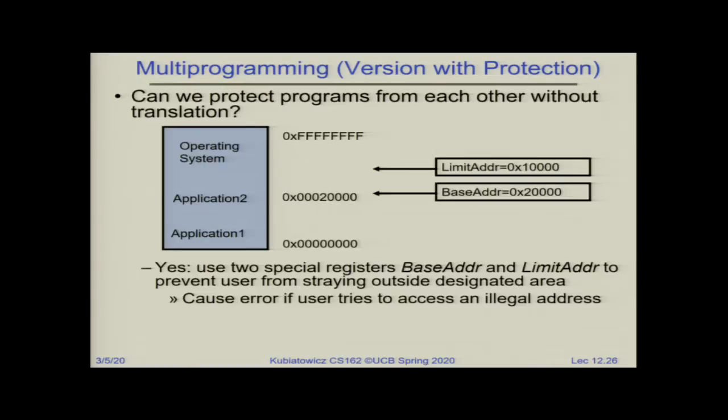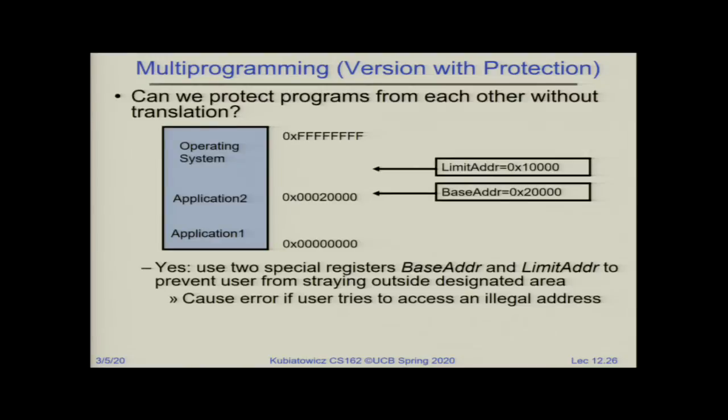An assumption here is that the operating system is running in dual mode such that only the operating system can change the limit address or base address. Why is dual mode desirable here? Yes? Yeah, otherwise there's no point, right? That's why dual mode is so important.